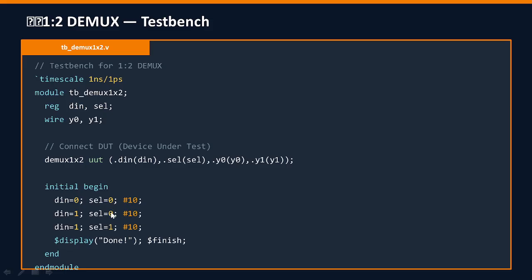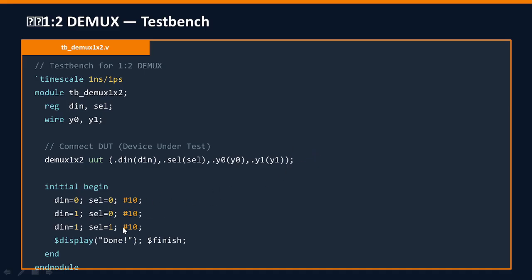Select 0 means it is going to select y0. So you are getting y0 equal to d in. Then you selected the y0 port, whereas now d in is 1 and select is 1. When select is 1, what value are you going to get? Of course, your y1 output will be connected to the input. So now we have 1, and it will be generating that.